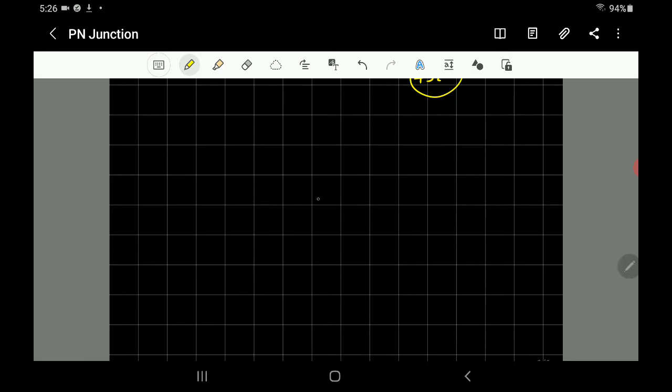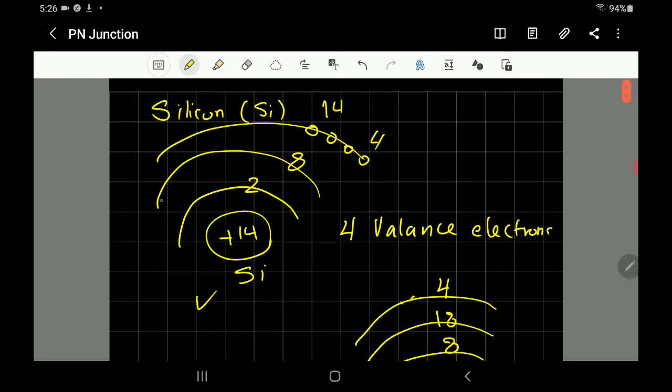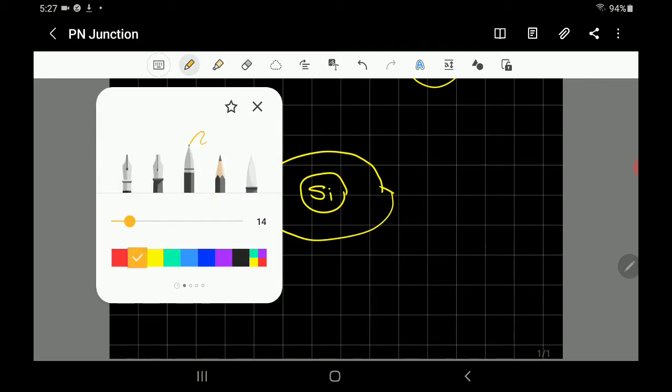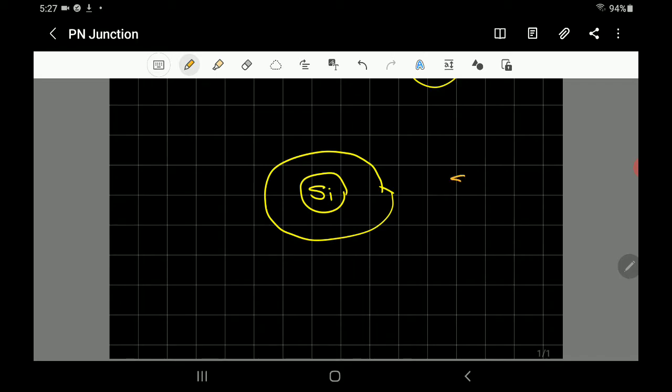Let's look at the example here. That's the silicon. We are not going to draw all the orbits 1, 2, 3. We are going to sketch only the last one that has the valence electrons. So that's the orbit, and it has to have another 4 with it. That's the second one.